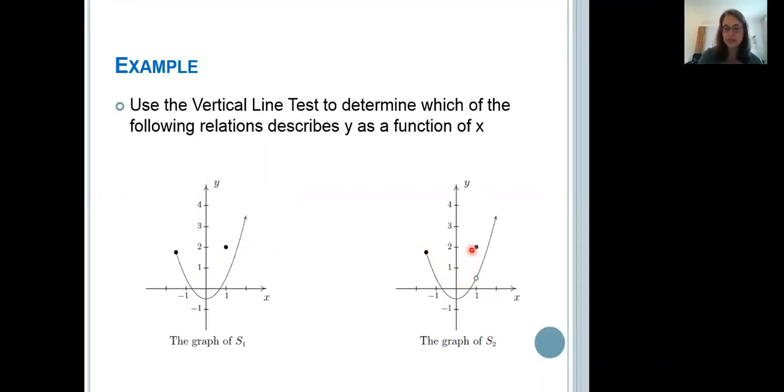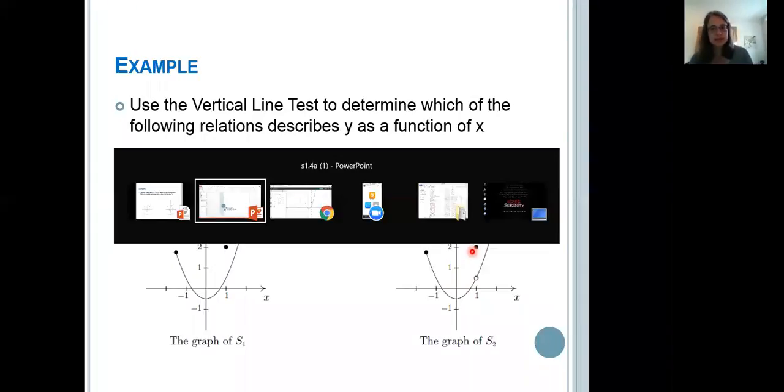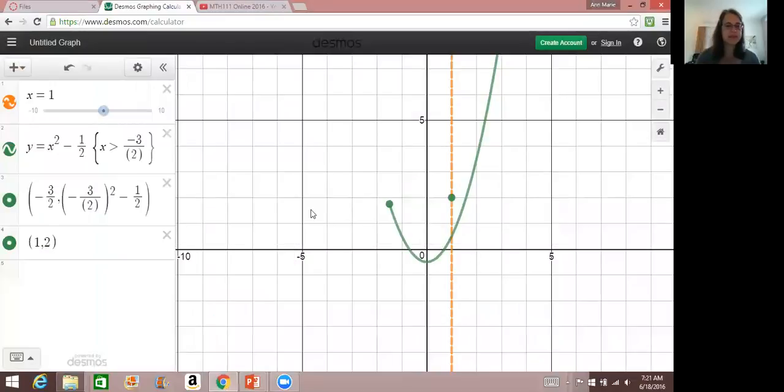Instead, we're going to jump up to this point. Let me see if I can make Desmos do this. It's like putting a hole in my curve.